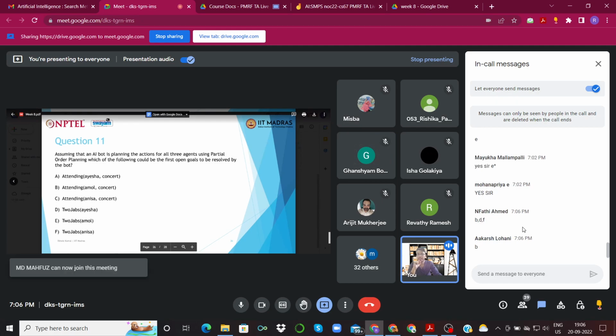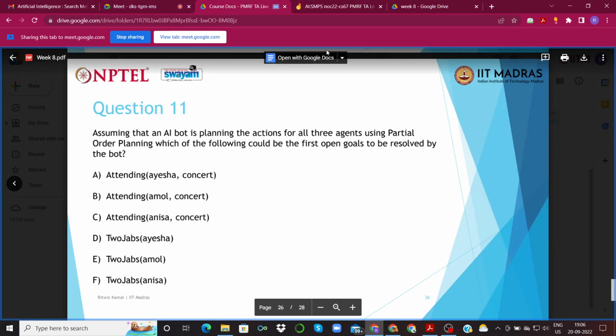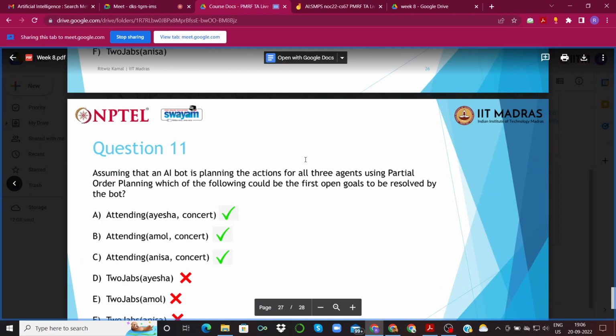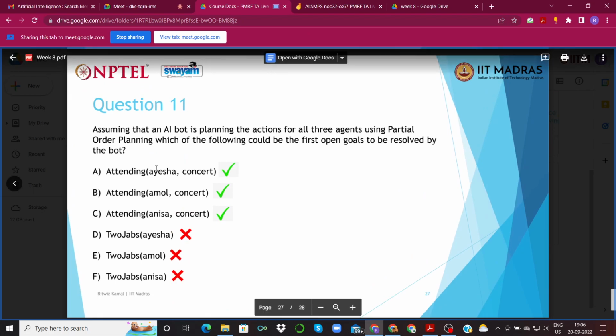That's right. Any other option? Yeah, so Archana in the chat has given the option, also Ajay, a number of you have given the correct option. So A, B, C, like the previous question also, these three are the possible first goals that could be resolved by the bot that uses this partial order planning.